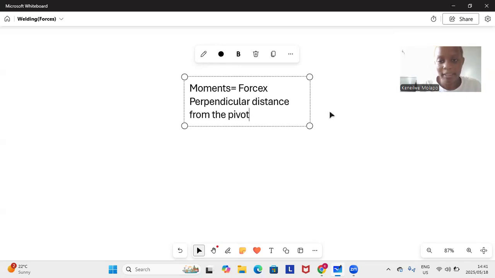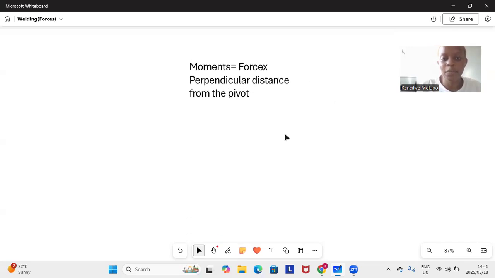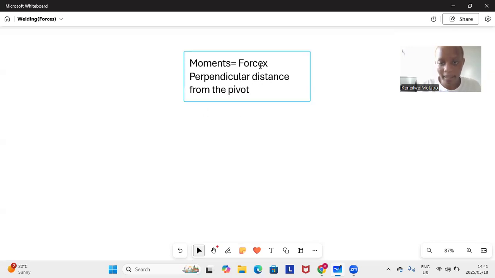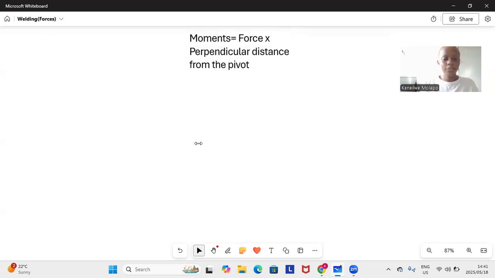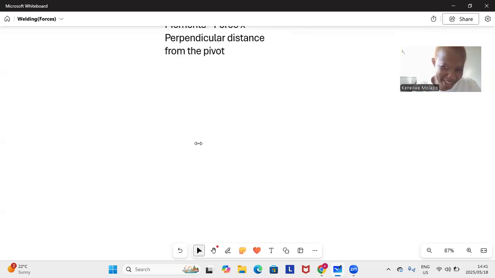What is moment? Moment is force multiplied by perpendicular distance from the pivot. So let me draw a diagram for you so that you can understand what I'm talking about.